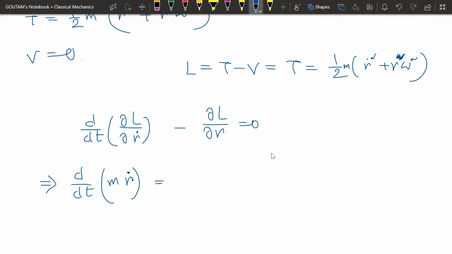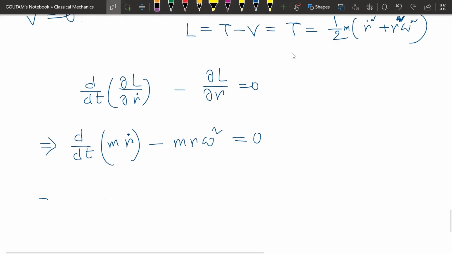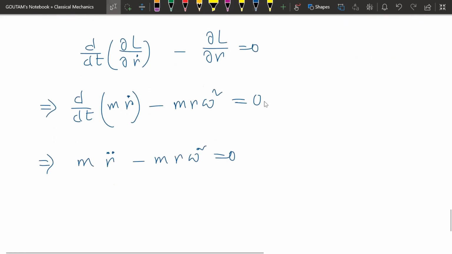Minus del L del r, and del L del r means m r omega square, equals 0. So if we do this derivative, we will get m r double dot minus m r omega square equals 0. So the m will cancel. Then we will get r double dot equals r omega square.